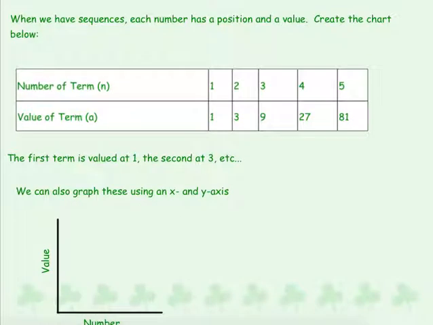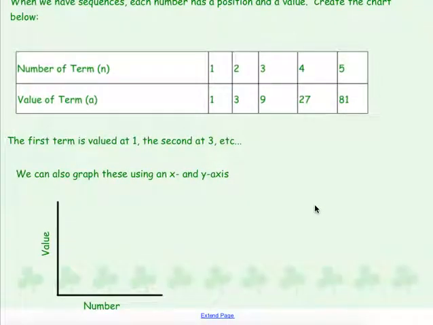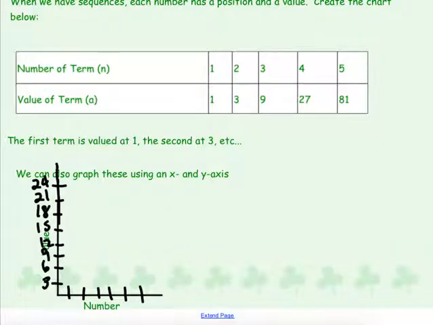Whereas when we look at our geometric sequences, they do not look like straight lines. So if I were to put this on a graph, I'm going to do my best here to put a good representation. We'll go up to 27.